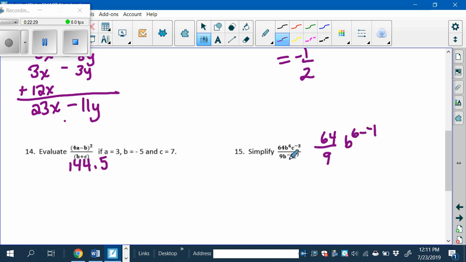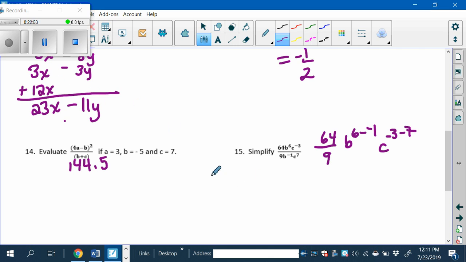We're still subtracting them even though we have a negative right here. And then this is going to be c to the -3 minus 7. So 64 divided by 9 is not reducible, so we're going to leave it there.